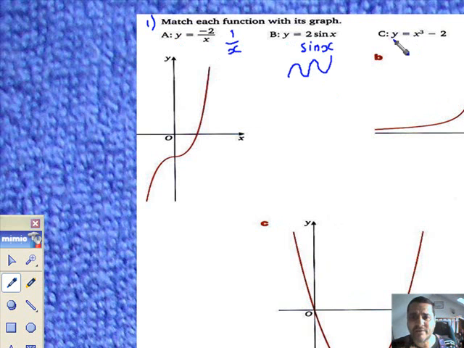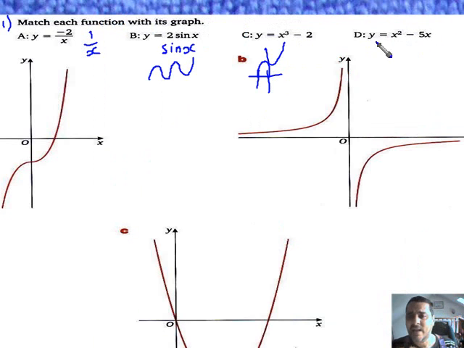Here we have a cubic function, y equals x cubed minus 2, so you're looking for something that has a positive skew like that, positive arrangements rather than the negative one that does that. And here we have a quadratic function, y equals x squared minus 5x, so you're looking for something a little bit like that. Alright, so let's go.